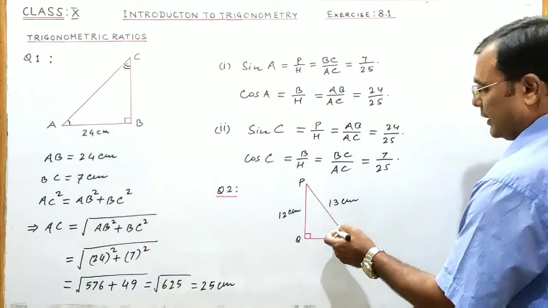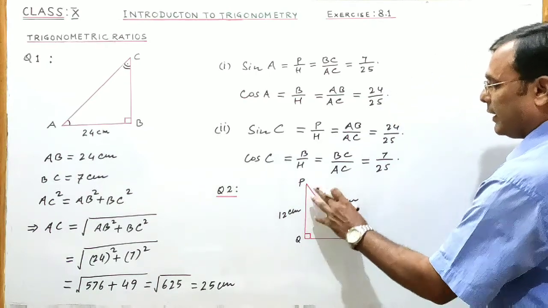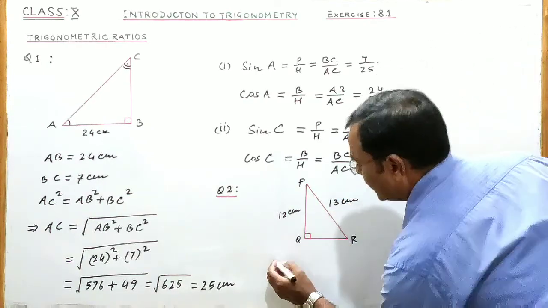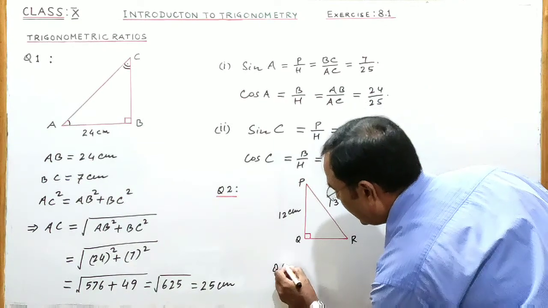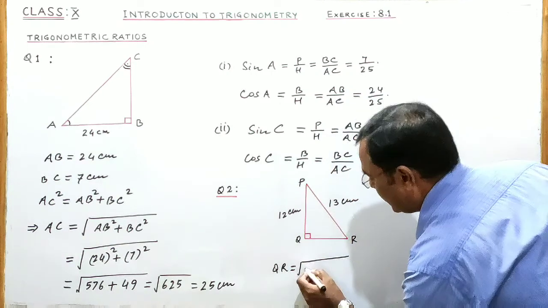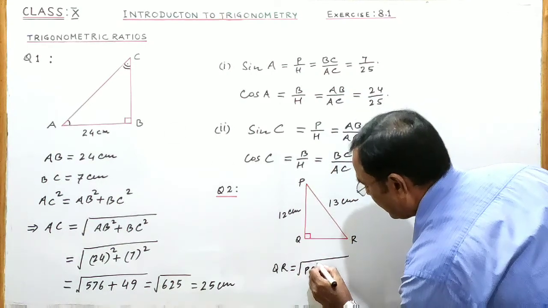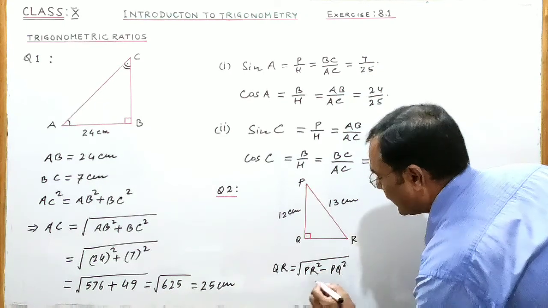So first of all, let us find the length of QR of triangle PQR. So using Pythagoras theorem, we can write QR is equal to under root PR square minus PQ square.